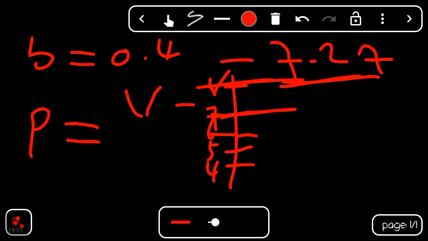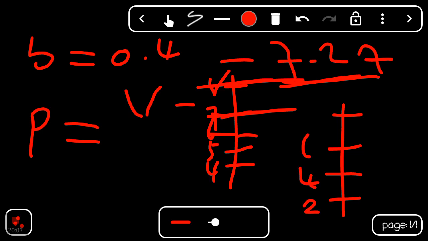This is where the confusion used to come. But if you understand it, it's very easy. Let me take another example. Let's say I'm using 2, 4, 6, 8, and I'm looking for the value 5.2.